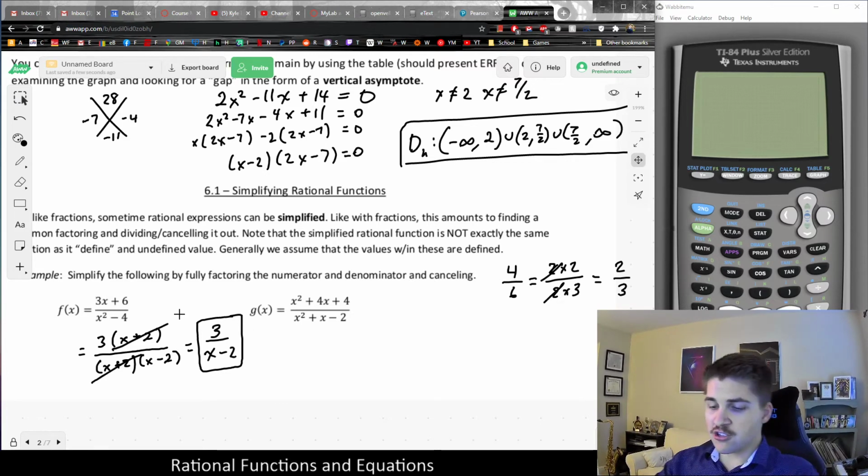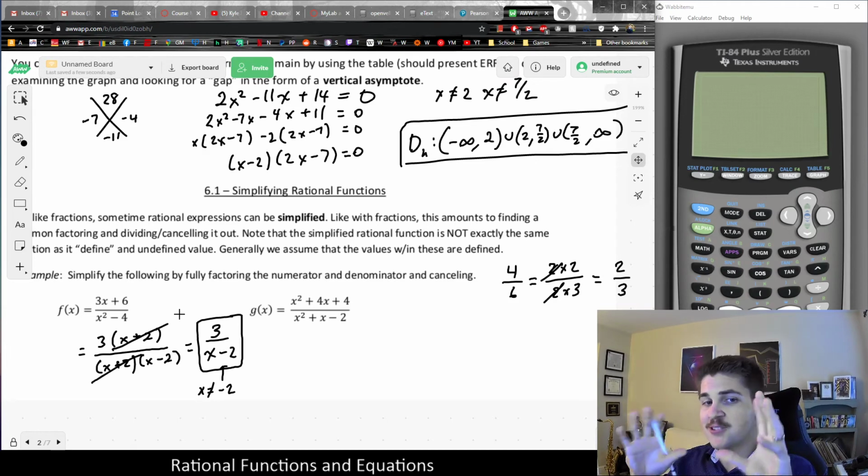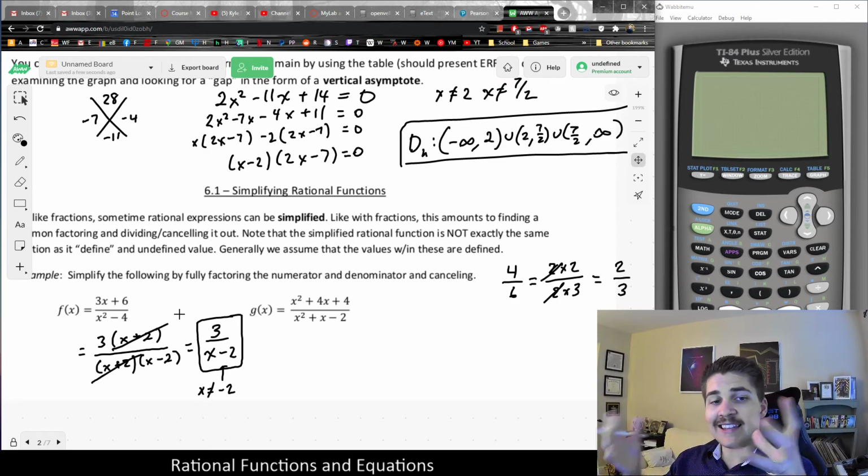So in the simplification, we should note that x can also not be equal to negative 2, because it would appear, algebraically speaking, as though it's fine. But it's really not, since the original function was unsimplified. So technically there is a slight difference between these two, even though we will write that they're equal.